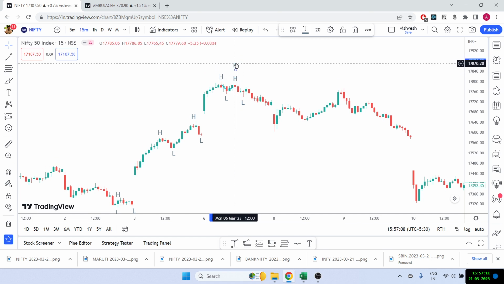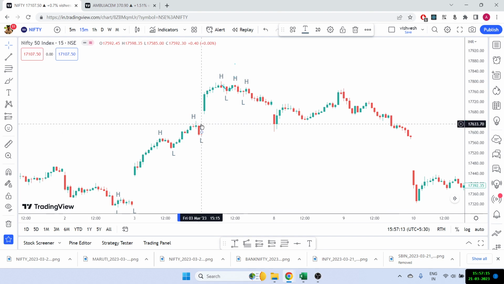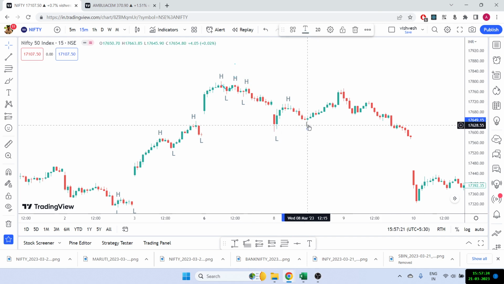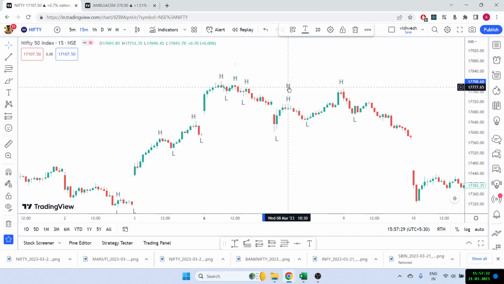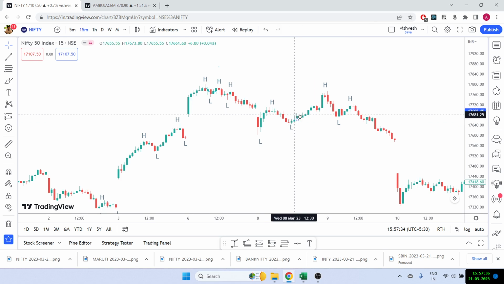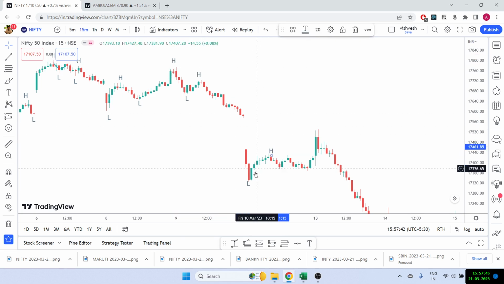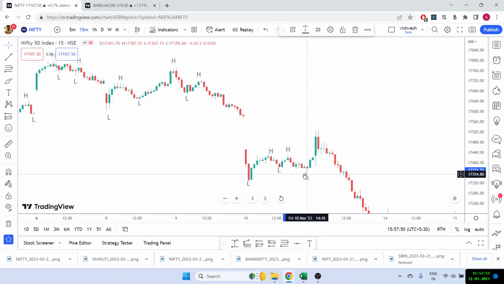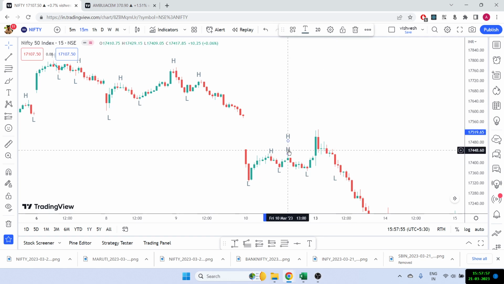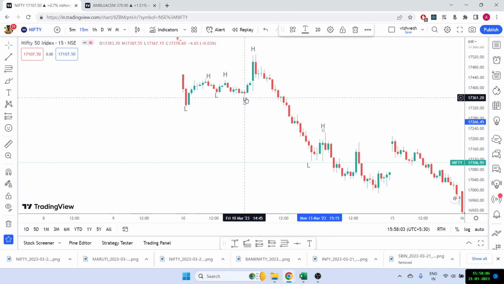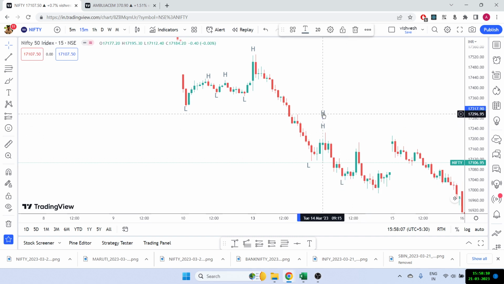If a swing low is created, the next one has to be a swing high. I think I've created enough swing highs and swing lows.